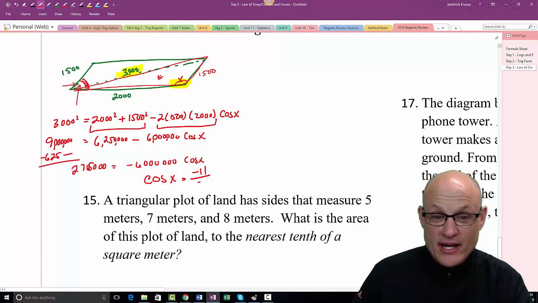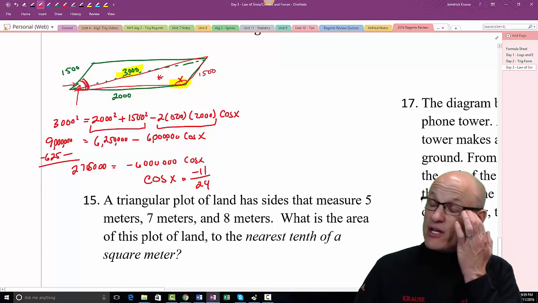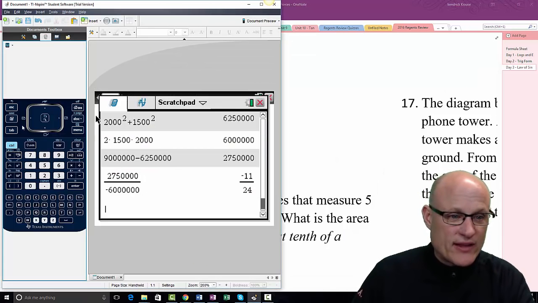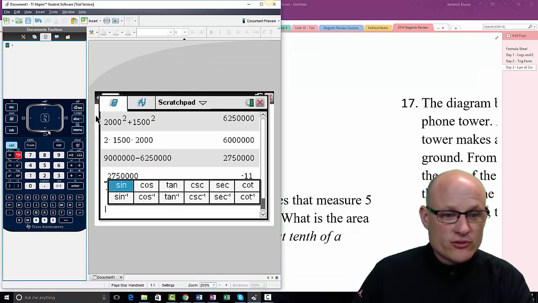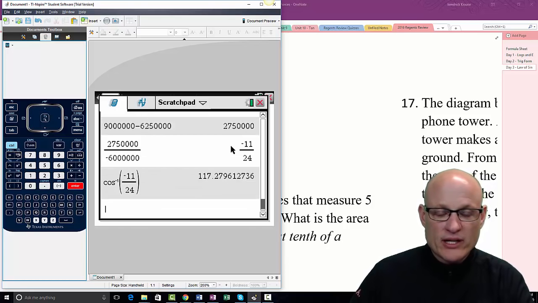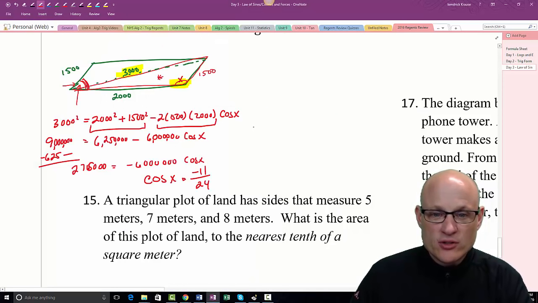Remember, law of cosines is the only time I want you to put the negative in. We're going to do the inverse cosine of that, and we're going to get 117 degrees. So x equals 117.279. That's good enough.